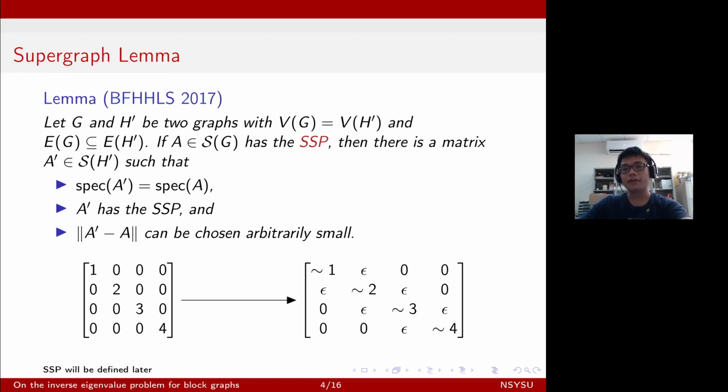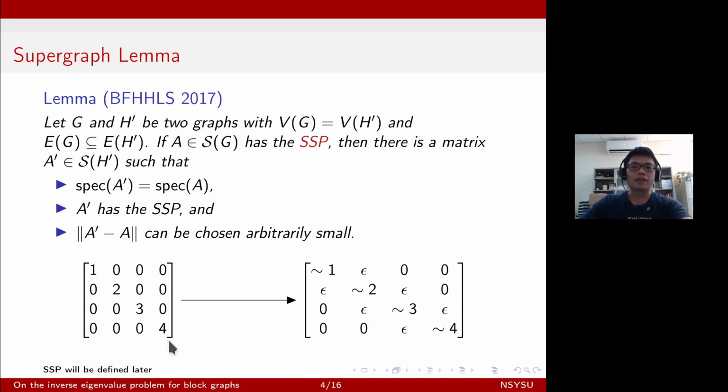Now think about the following question. Suppose the four numbers that I give you are 1, 2, 3, and 4, and I want you to give me a matrix whose support looks like this, and such that the spectrum is exactly equal to 1, 2, 3, 4. You can give a try by algebraic conditions, but another way to do so is by perturbation.